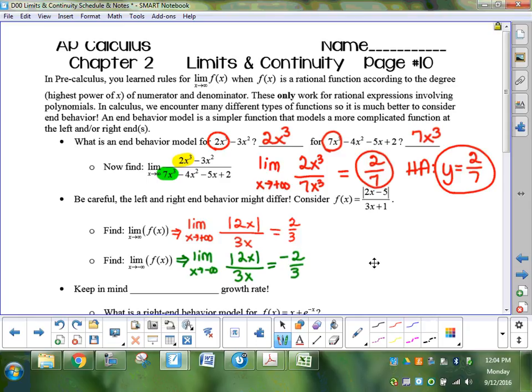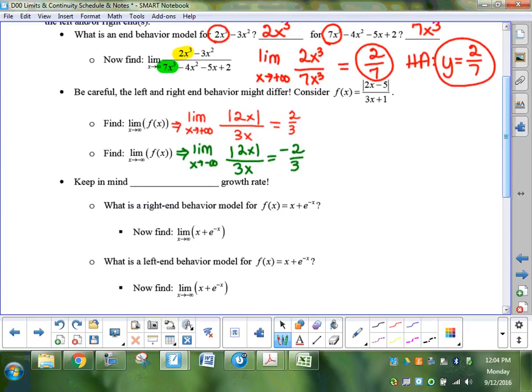That's terrific. Now, we've got to keep in mind our relative growth rate. So what's our right end behavior model of this? Well, if I'm looking at this, what is going to be affecting things more, the x or e raised to the negative x?